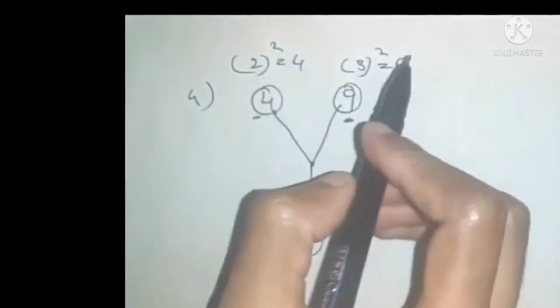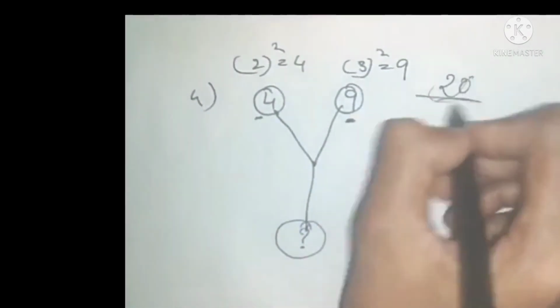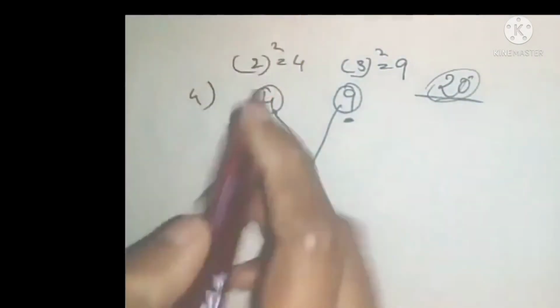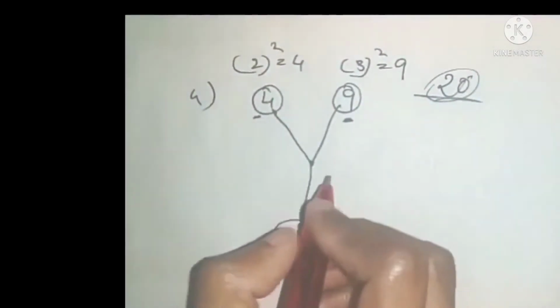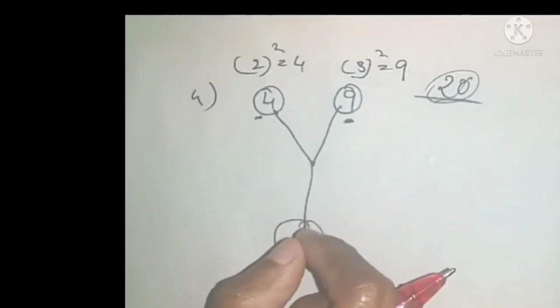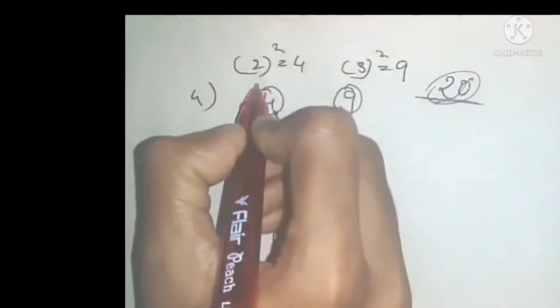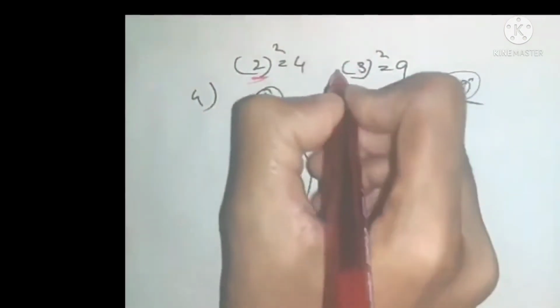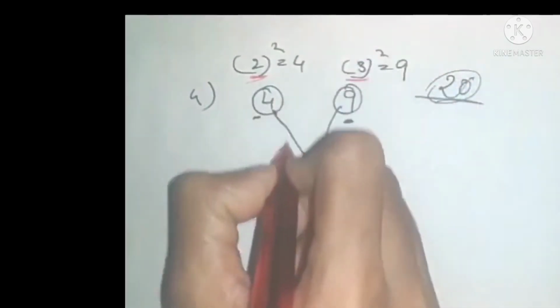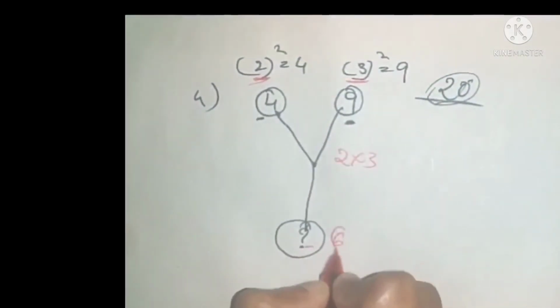That is the reason why I am saying to learn the squares till 20. Learn squares till 20. Now we should get the answer here. So now what we should do? Take this 2 and this 3. 2 into 3 will get us 6.